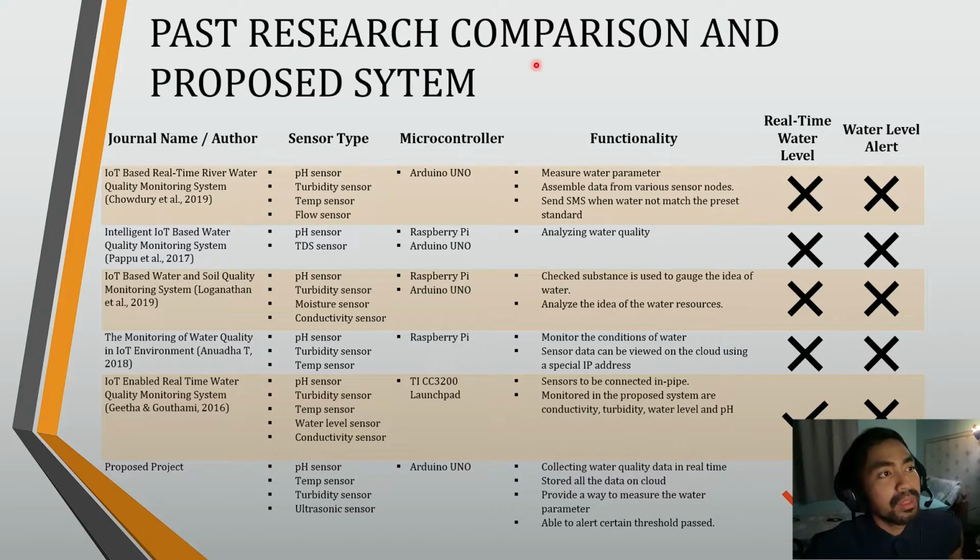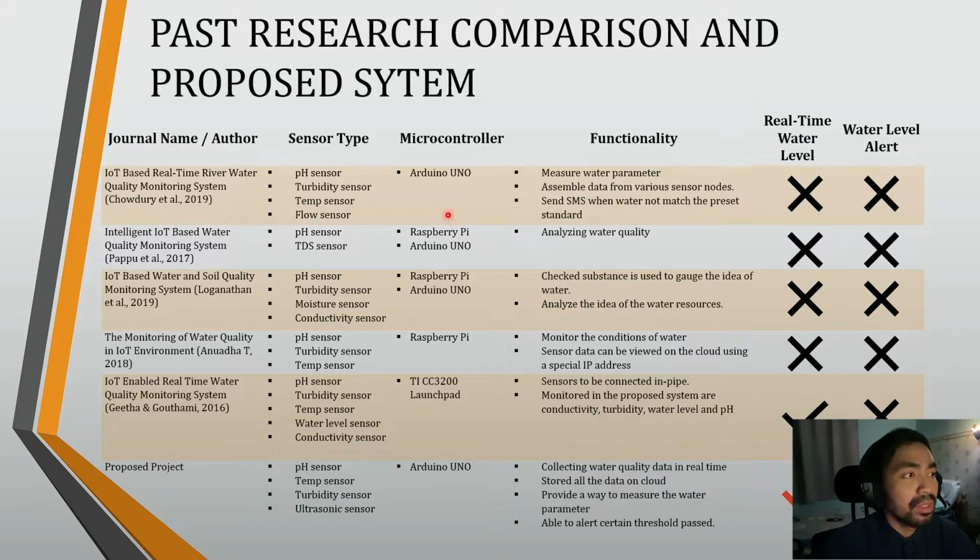Okay, this is the past research comparison and proposed system. There are 5 journals. First journal is IoT-based real-time river water quality monitoring system. There are 4 types of sensor: pH sensor, turbidity sensor, temperature sensor, flow sensor.